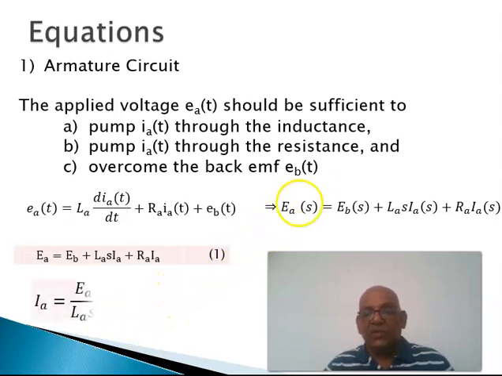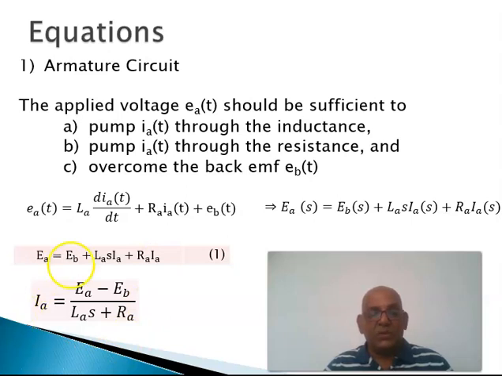Very many times when you have to write the same equation over and over with slight changes, we omit this s in the parenthesis. Ea is equal to Eb plus La s Ia plus Ra Ia, leaving s out of the parenthesis. When it is understood that it is in the Laplace domain, why write it many times?